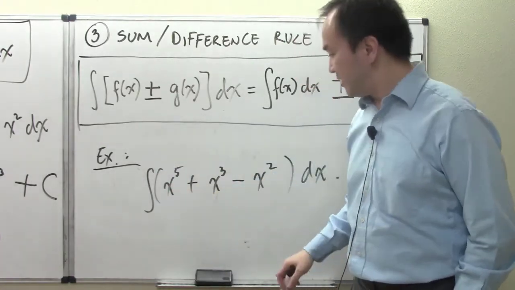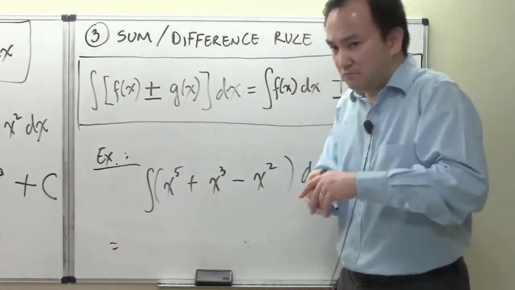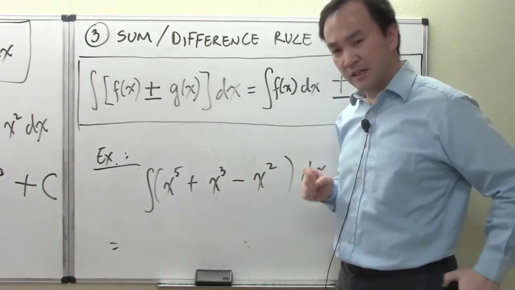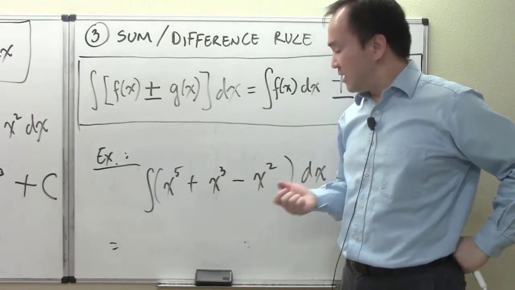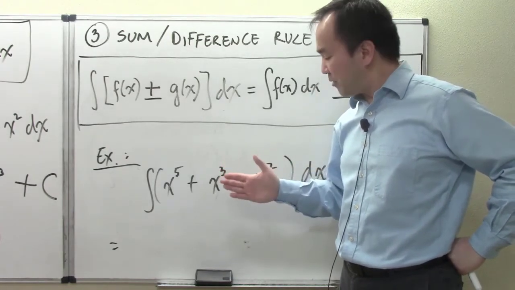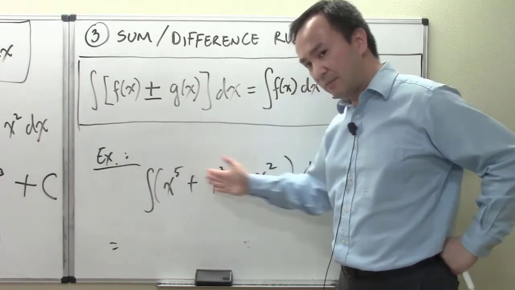Now, according to the sum rule, anyone viewing this video should be well familiar that when looking at the terms of a function, according to the order of operations, we always start looking from left to right.